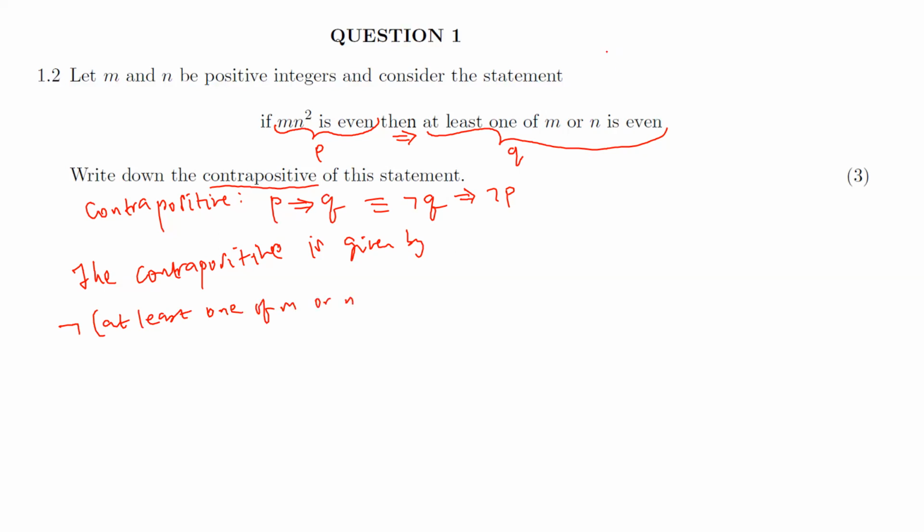In mathematics, we say if it's not P or Q, it's the same as not P and not Q. In the same way, if you take the negation of P and Q, it is the same as not P or not Q. I'm mentioning that because now you need to take not Q. So Q is a long thing. Q is at least one of m or n is even.